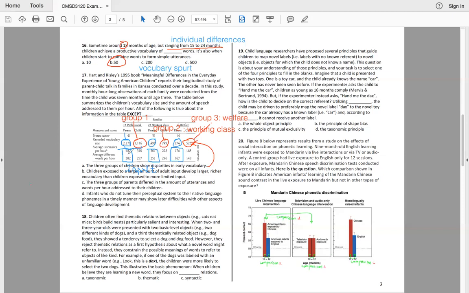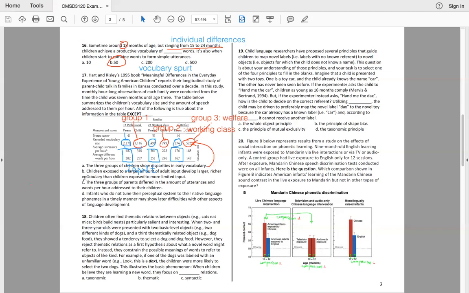Let's just say children from the first group, they heard more words. They have a larger amount of input. And so similarly, they produce a larger vocabulary than the second group of children who have the smaller amount of input. And so the vocabulary size is also smaller. Similarly, group three had the lowest input, and so the children's vocabulary size is also lowest.